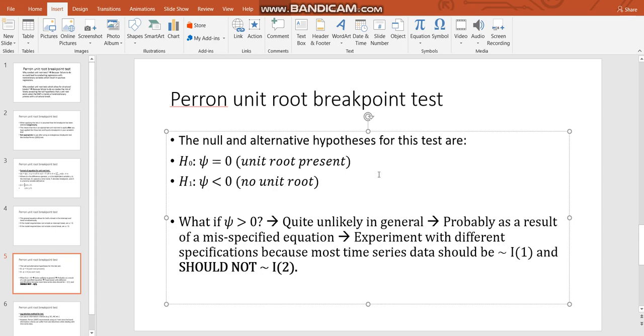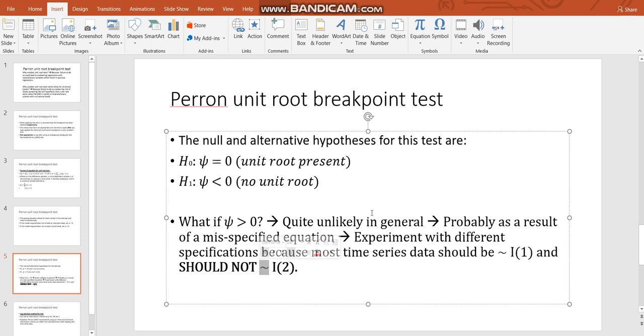Well, my advice is that in general it's very, very rare that you have data that's integrated to an order of 2. That's what this notation means here, integrated to an order of 2. That means there should be integrated to an order of 1. It's most common for time series data to be integrated to an order of 1, very uncommon for data to be integrated of an order of 2.